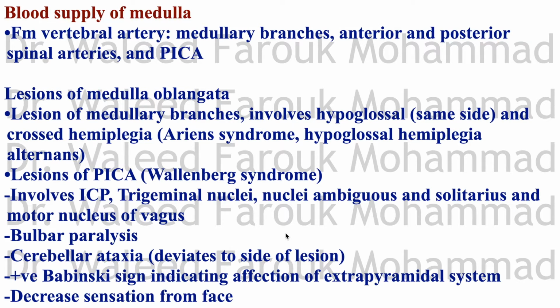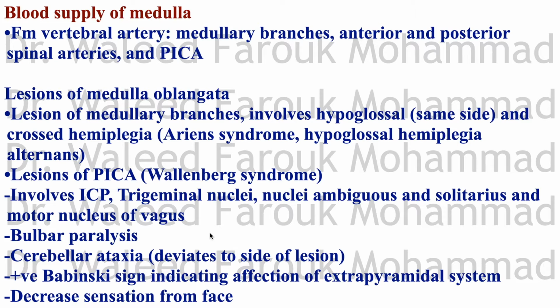Bulbar paralysis, paralysis of the palate. You will find the uvula deviates to the opposite side of the lesion, and cerebellar ataxia because of the involvement of the inferior cerebellar peduncle deviates to the side of the lesion, and positive Babinski sign indicating affection of the extrapyramidal system.